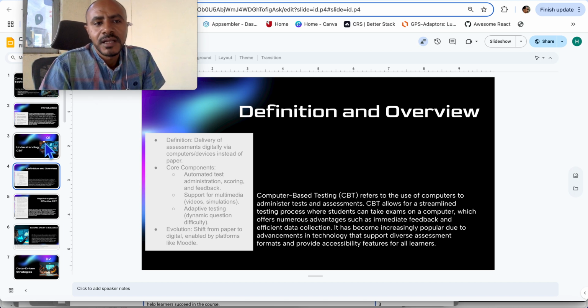And then once we run a computer-based test, scoring would be automatic.